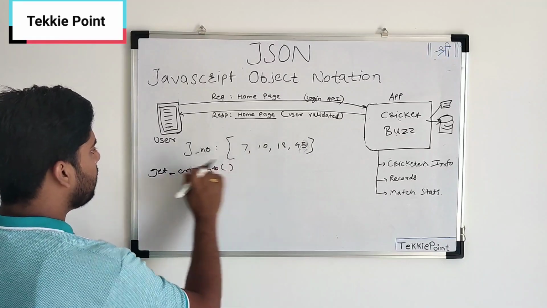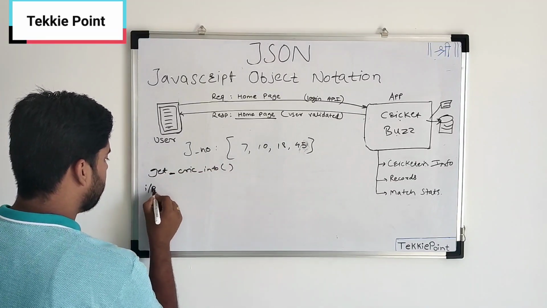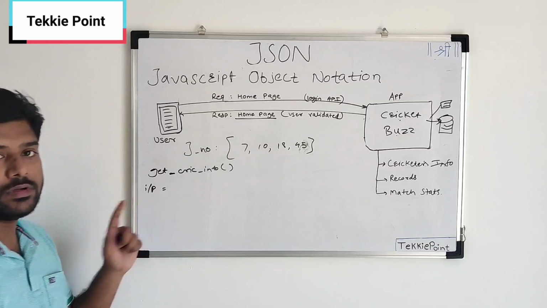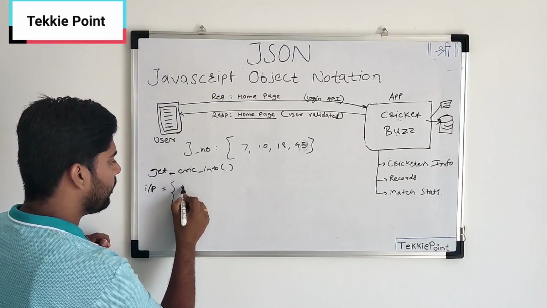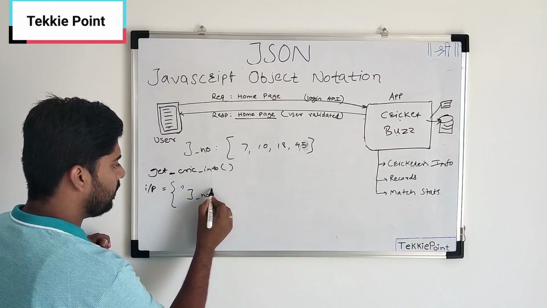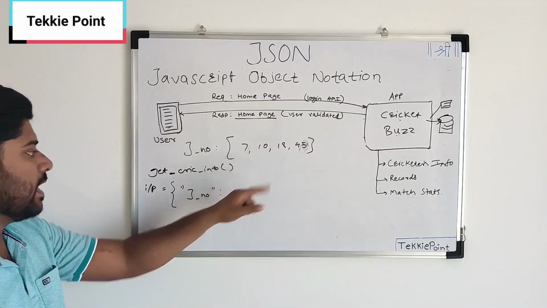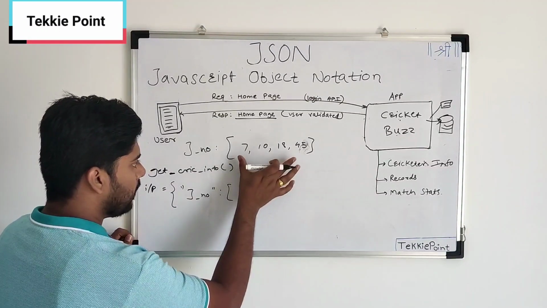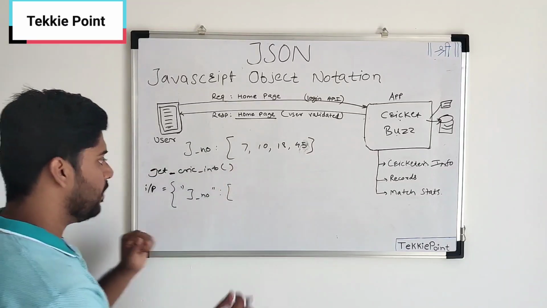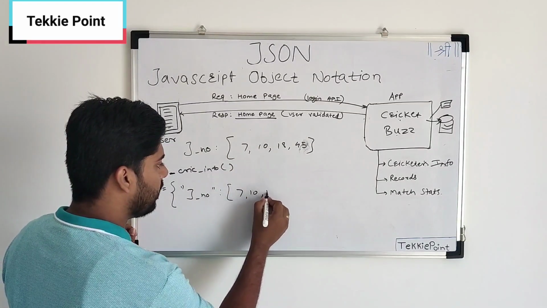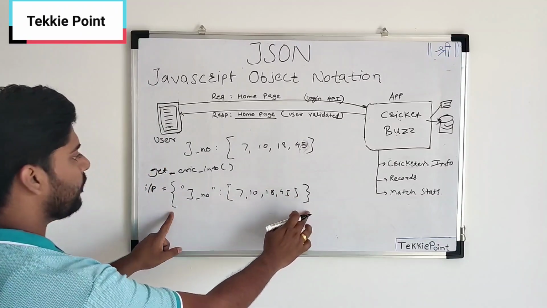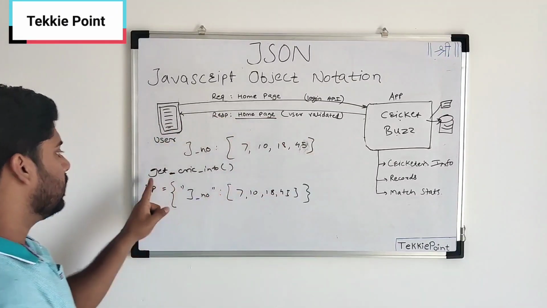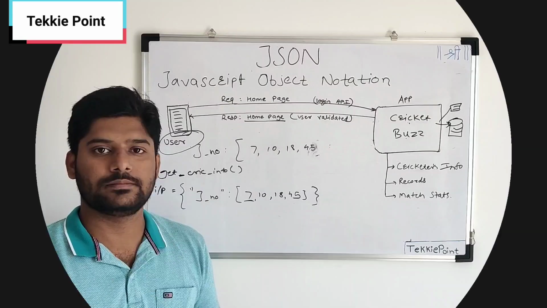So as an input object, we need to create an object with jersey number, and this is an array. We can also have an array as the value, saying 7, 10, 18, 45, and this object we can send through the get crick info API.